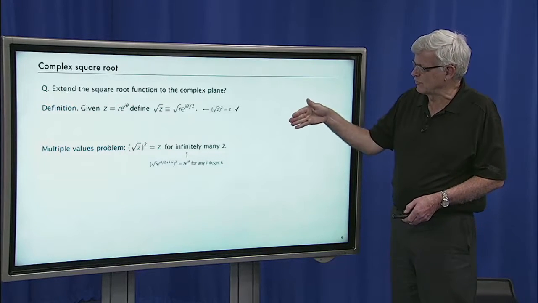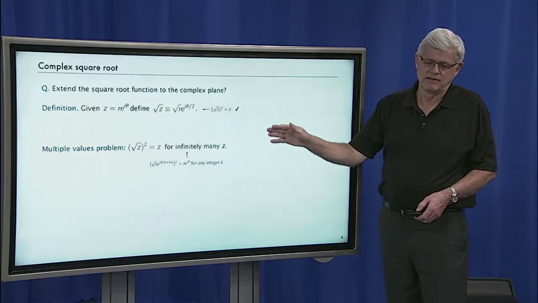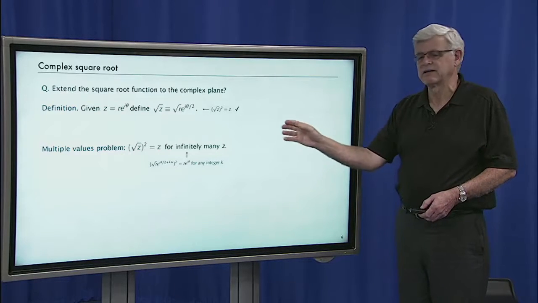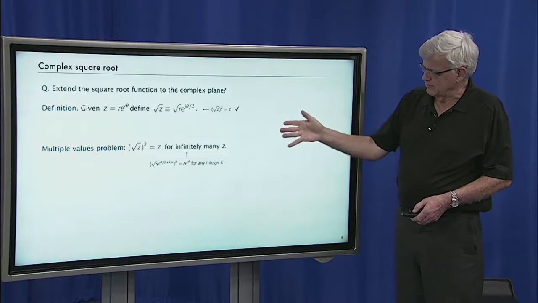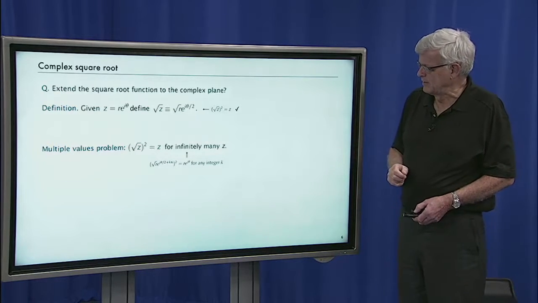So for any integer k, we've got a number that, if you square it, gives us back re^(iθ). So that's the so-called multiple values problem.